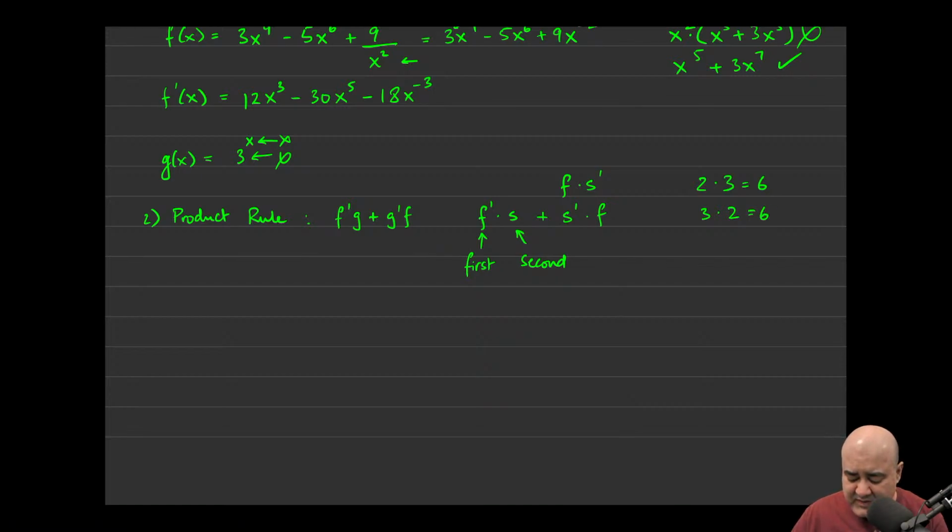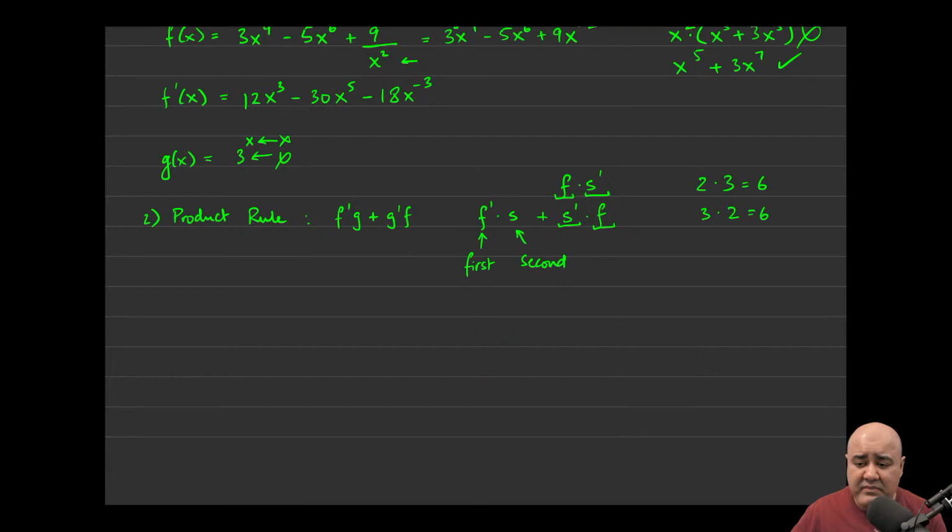So that's just to say that if we take a second function and we differentiate it and then we multiply it by the first function, nothing will change if we put the first function first and then the derivative of the second function after it. It's still going to give us the exact same answer. So bottom line is derivative of the first times the second plus the derivative of the second times the first.